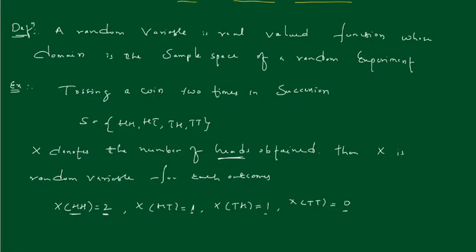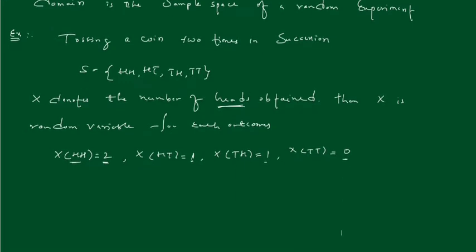For example, similarly, we already have taken X. Now, let Y denote the number of heads minus the number of tails for each outcome of the sample space. Yes, right? So let's see what we get here.